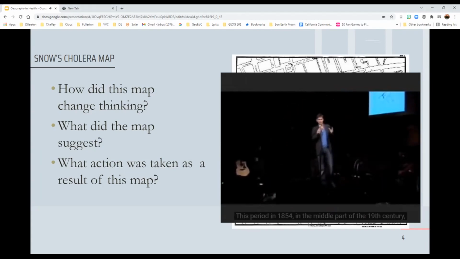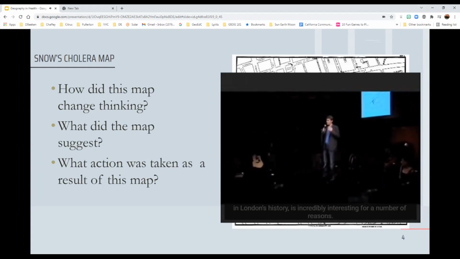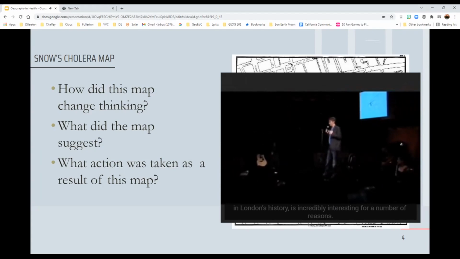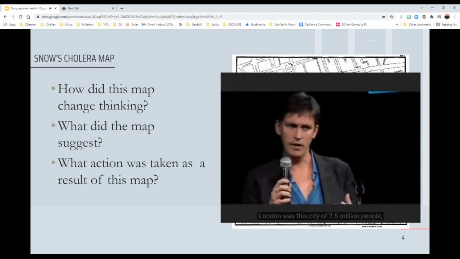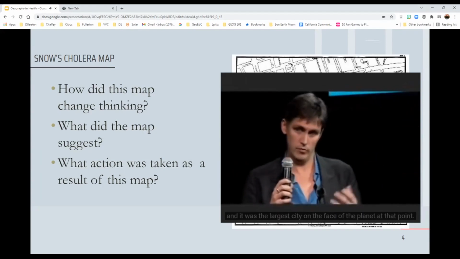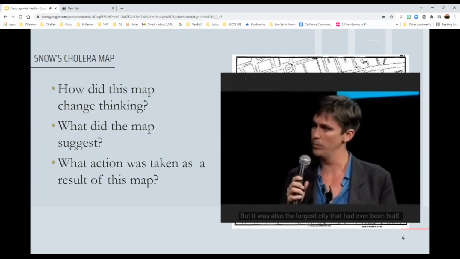This period in 1854, in the middle part of the 19th century in London's history, is incredibly interesting for a number of reasons, but I think the most important one is that London was a city of 2.5 million people, and it was the largest city on the face of the planet at that point, but it was also the largest city that had ever been built.